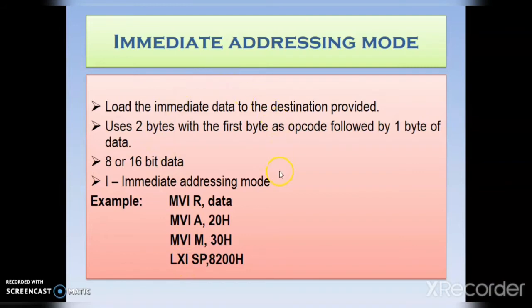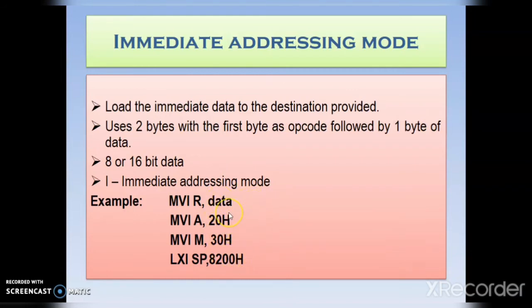So these are about the immediate addressing mode. Immediate addressing mode is represented by I. In this concept we have two bytes. The first byte is the opcode, followed by the second byte, which is data. Whatever instruction I mention here, the corresponding hexadecimal code is the first byte, and the data I give here, that is 8-bit or 16-bit data, is the second byte.